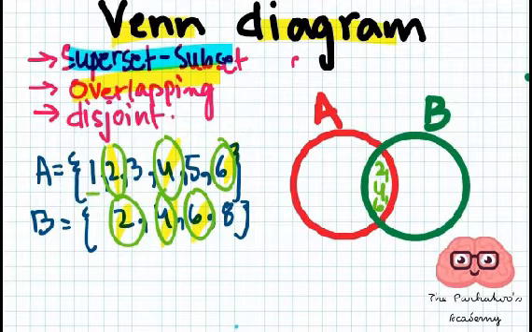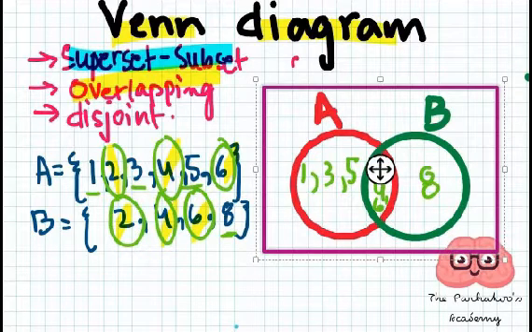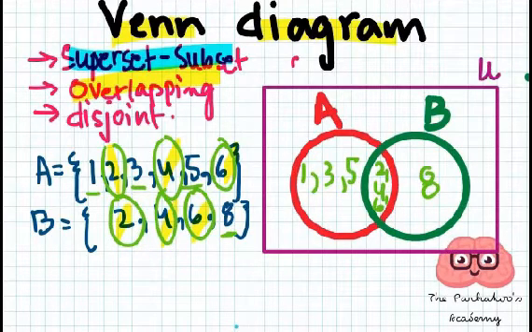In A we have 1, 3, 5 uncommon, and here we have 8 only. Last but not least, we always put this in the universal set. So here is our universal set. This shows the overlapping relationship, or the relationship in which some elements are shared. So this is the shared or overlapped part.